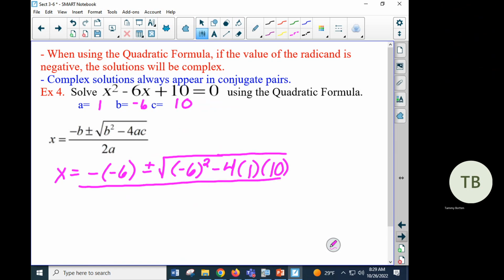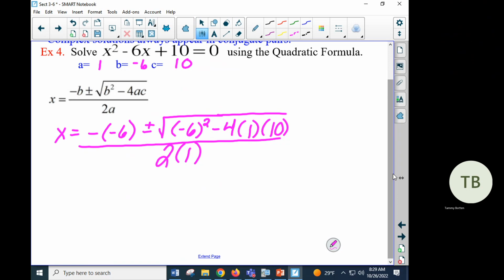And that is going to go all over 2 times A, which is 2 times 1. Okay. Now, if you remember, we can simplify, minus a -6 is going to be a 6.